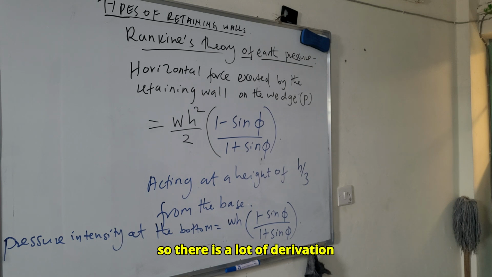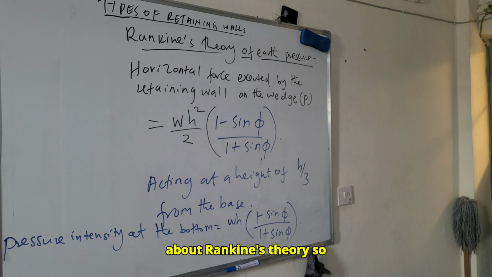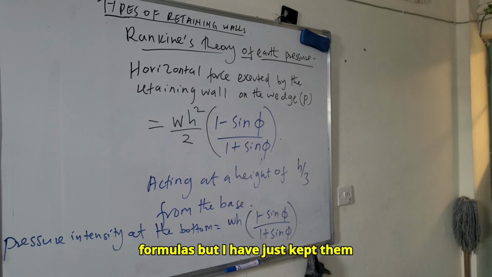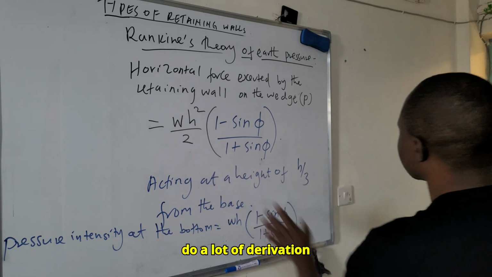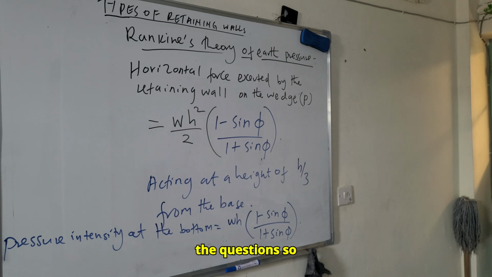So there is a lot of derivation about Rankine's theory that will enable you to arrive at these formulas, but I have just skipped them because there's no need to do a lot of derivation when we only need the formula to tackle the questions. So these are the formulas you should know.